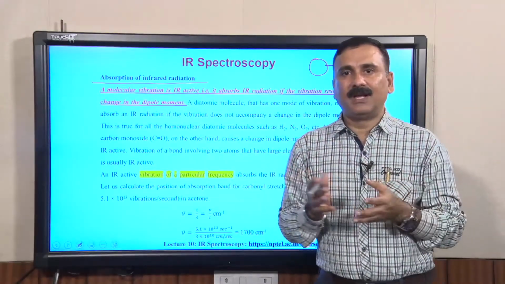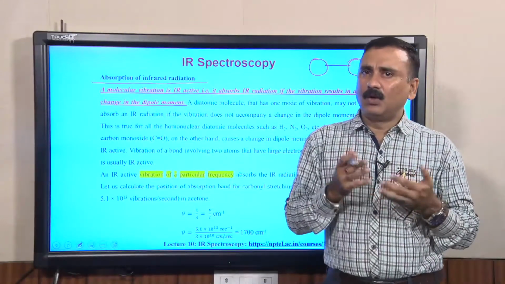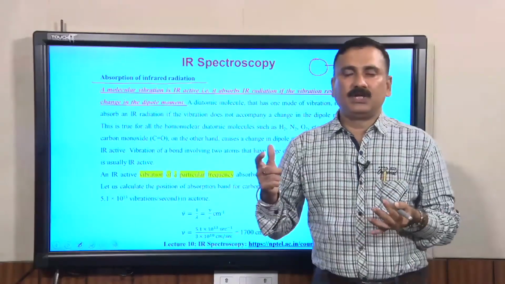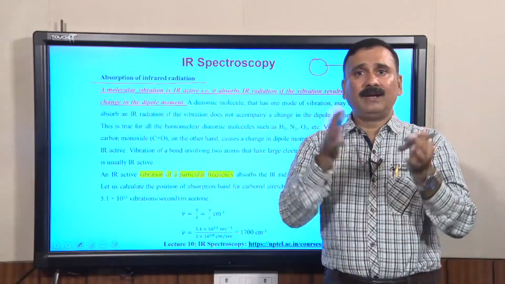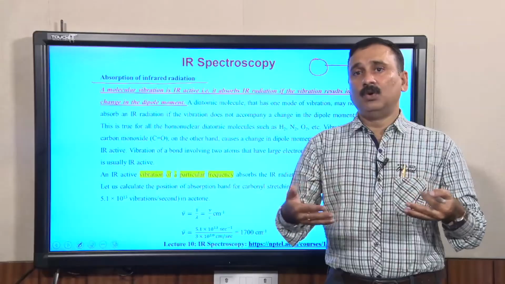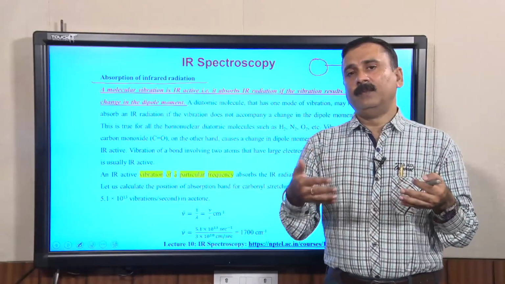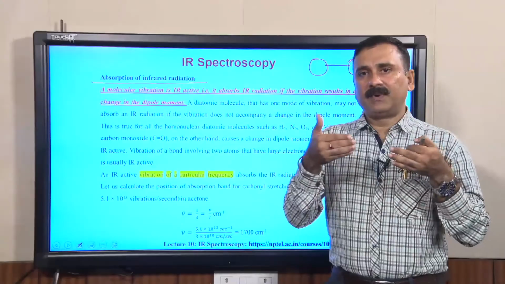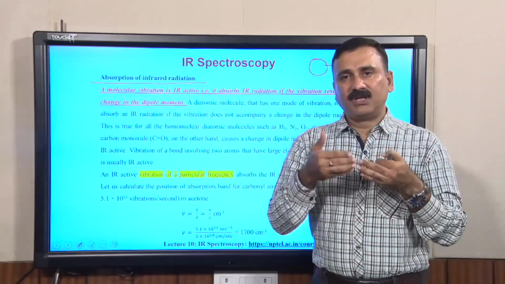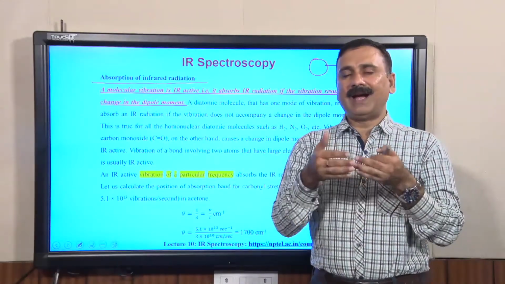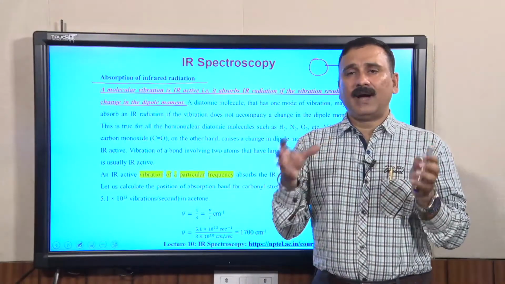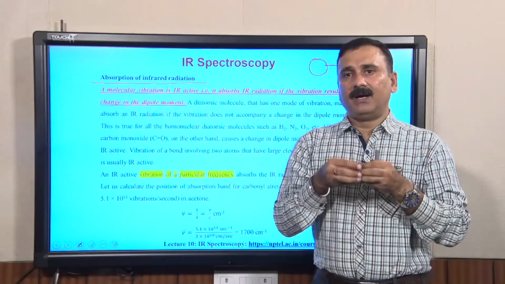If you have a compound like sodium chloride, NaCl, it is not going to give you IR absorption, because the sodium and chloride are not forming a molecule, as there is no covalent bond. So the prime requirement of IR absorption spectroscopy is that the two atoms are associated with each other by a bond.